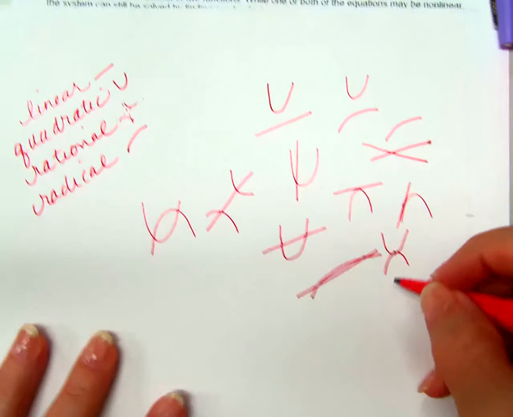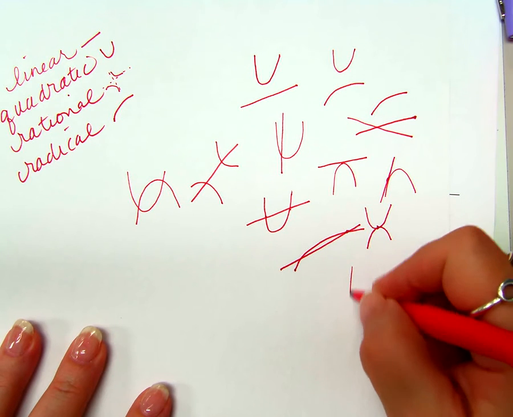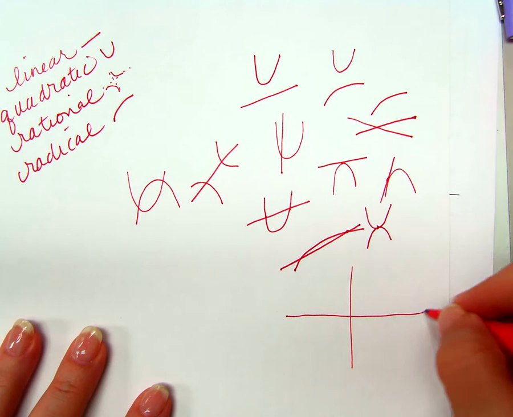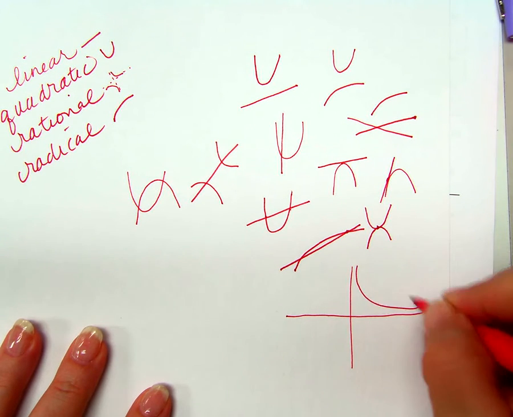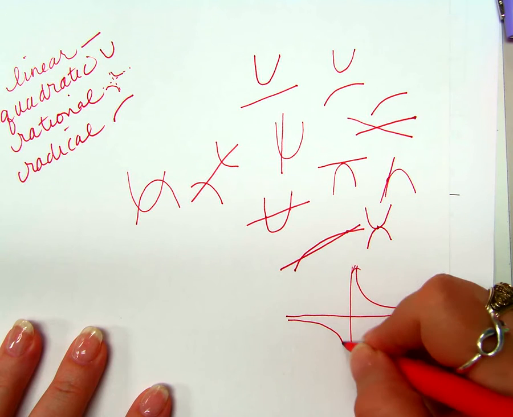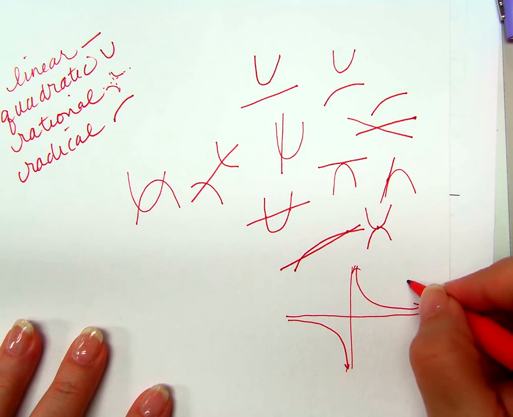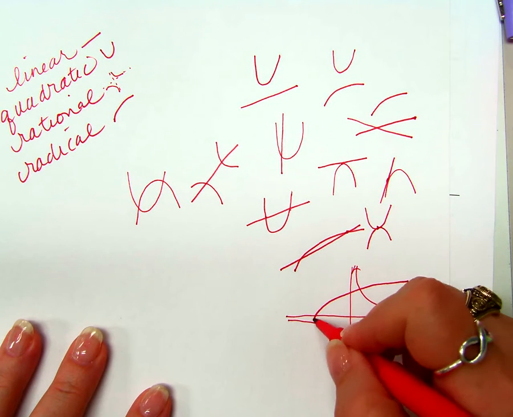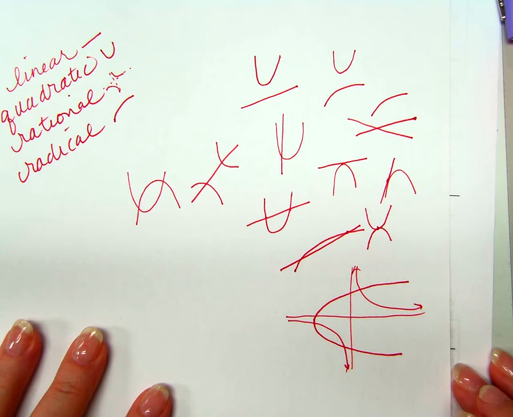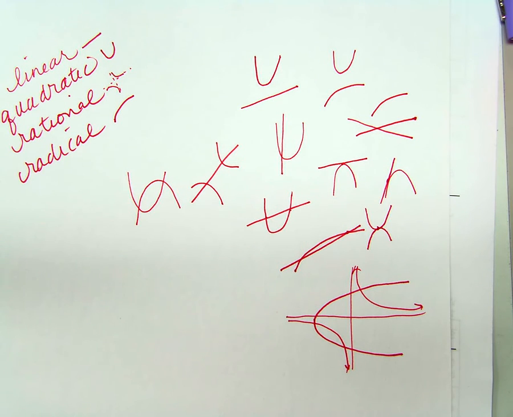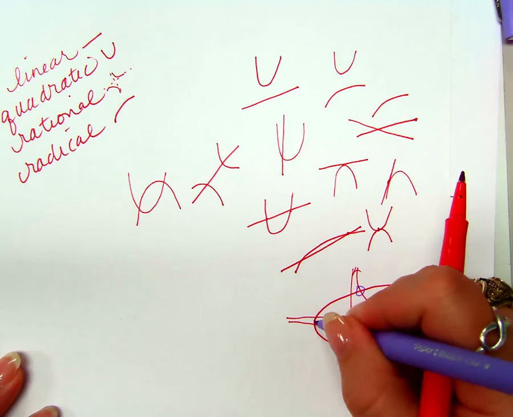What if I had, let me draw this all out so I can see it a little easier. What if you had a rational and a parabola? Do you see them? Here's 1, here's 2, here's 3.